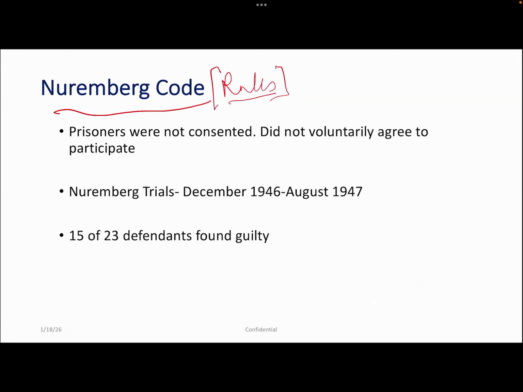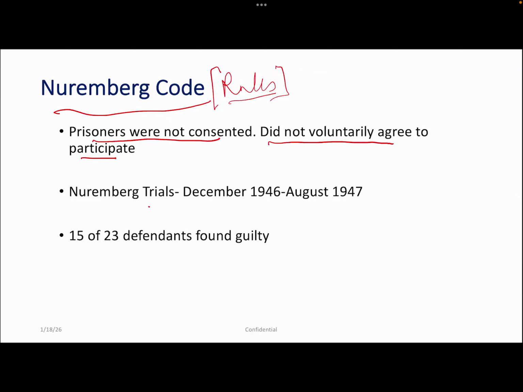So where things were wrong, the prisoners were not consented, forget consented, they were not even informed. What today's rule, informed consent, says is where we are different. The participation should be voluntary, after knowing each and every aspect of the trial. So they didn't voluntarily agree to participate.